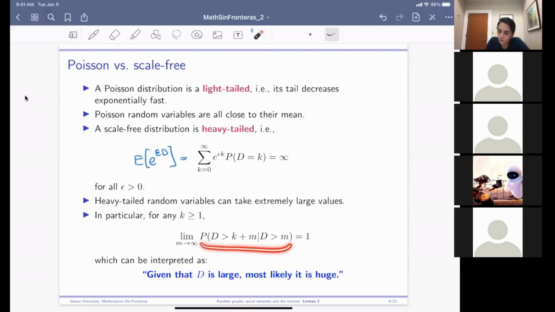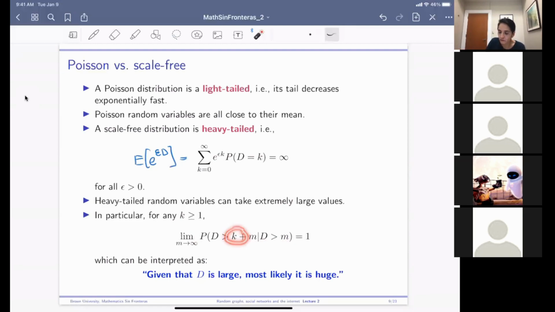This is a conditional probability that says, what is the probability that my random variable d takes a value larger than k plus m, given that it was already larger than m? If I take the limit as m goes to infinity, I'm basically saying it was big, right? The bigger the m, I'm telling you that my random variable was very big.